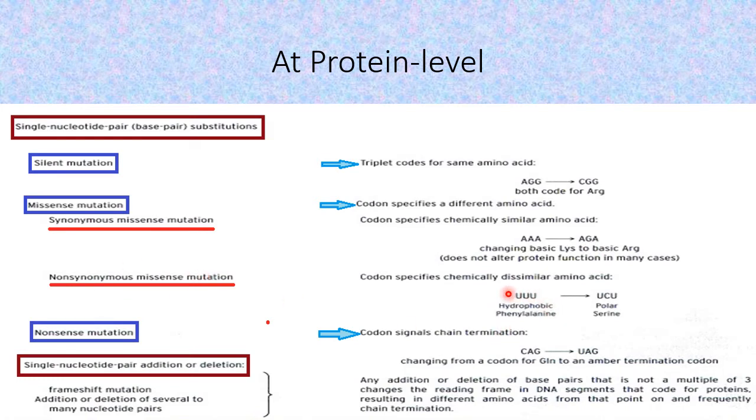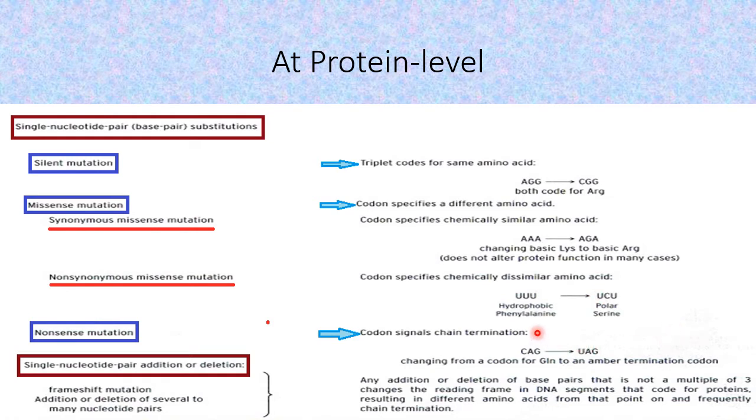Whereas if some dissimilar amino acid is produced because of the mutation, then it is known as the non-synonymous missense mutation. And this type of mutations alter the basic nature of the protein itself.